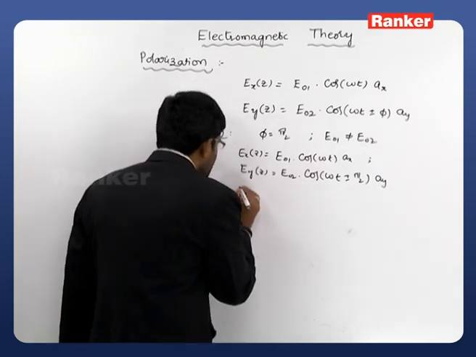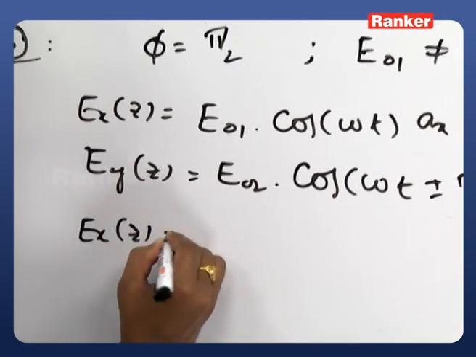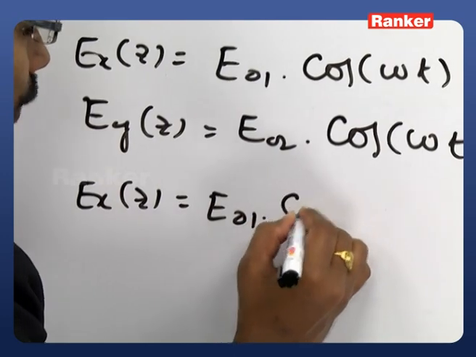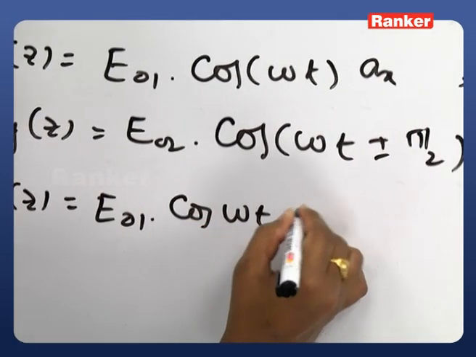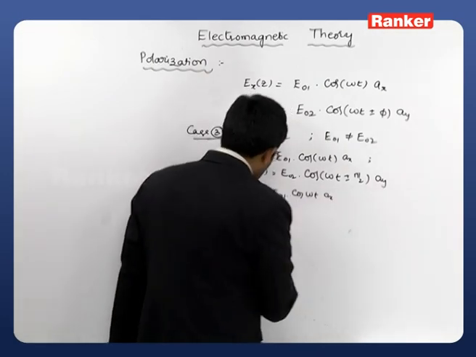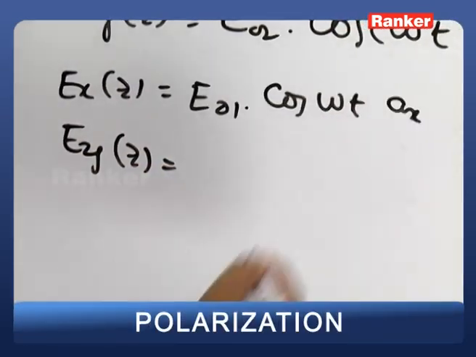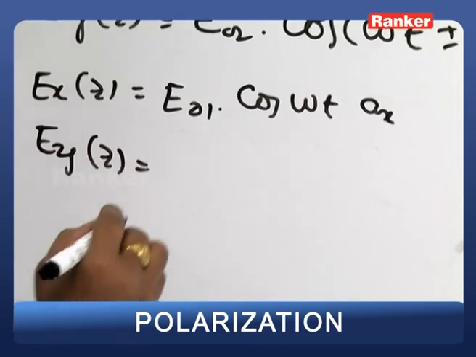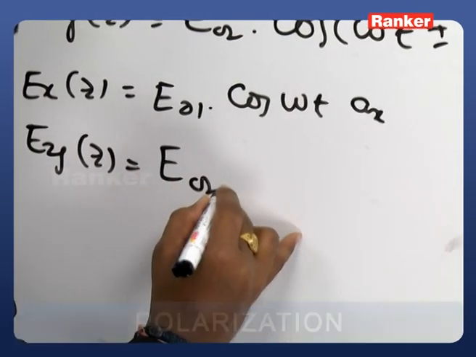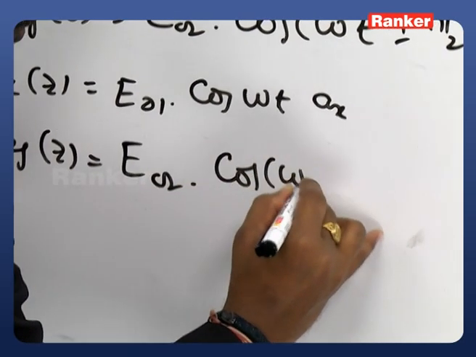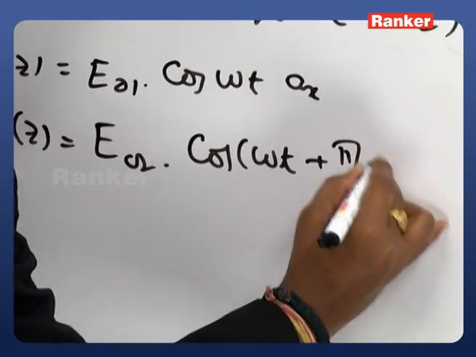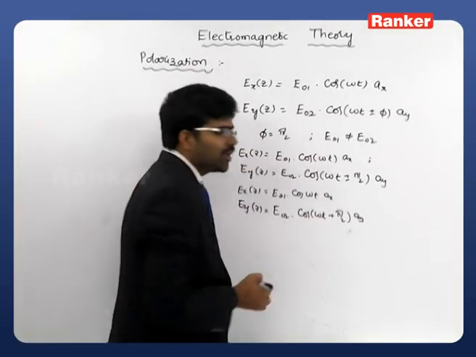So consider Ex of z again, the same equation, equal to E01 cos omega t Ax, and initially I will consider plus pi by 2. Then Ey of z can be written as E02 cos of omega t plus pi by 2 Ay. So what is cos of omega t plus pi by 2?